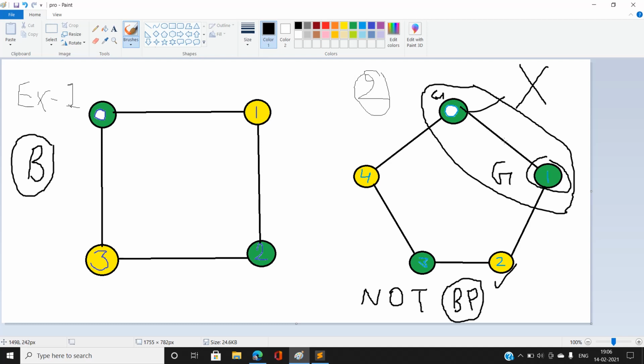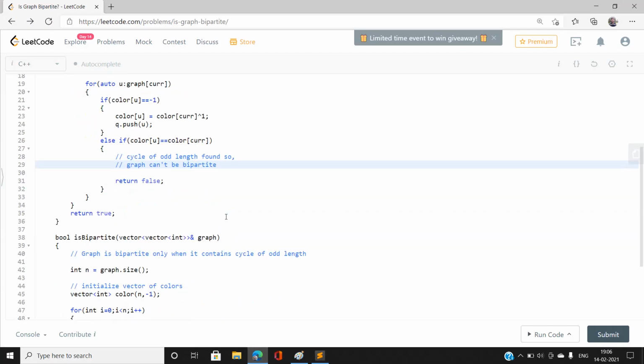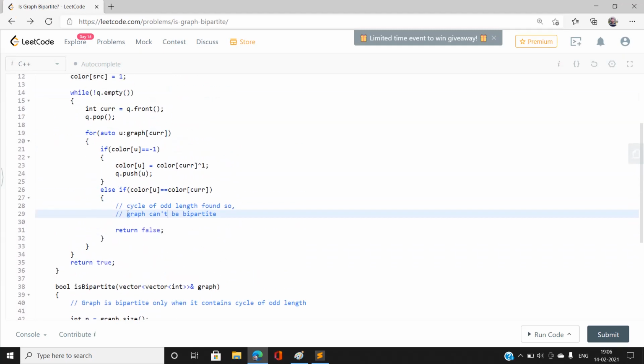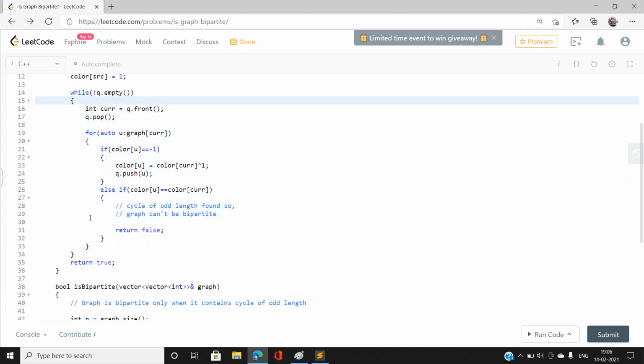Then I am going to return false, denoting that our graph can't be a bipartite graph. Otherwise this queue will become empty, and finally, in all the other cases, for the current connected component, I am going to return true.